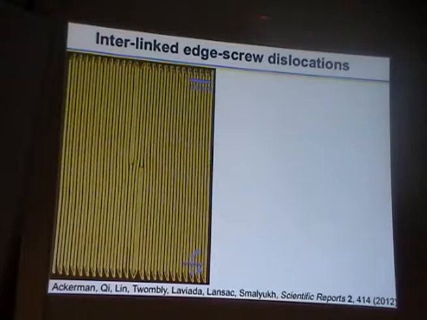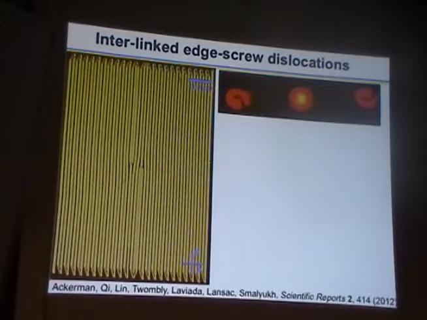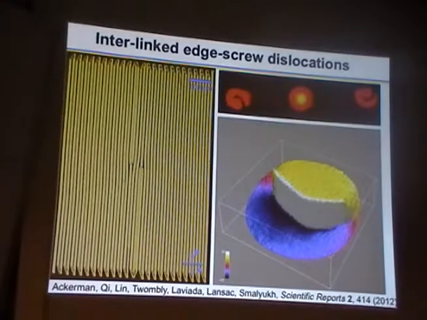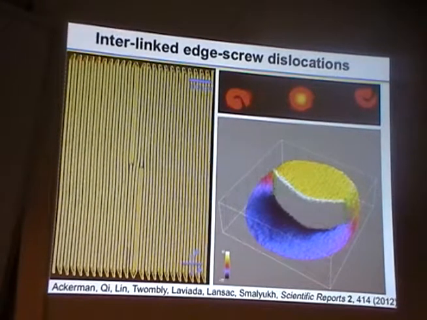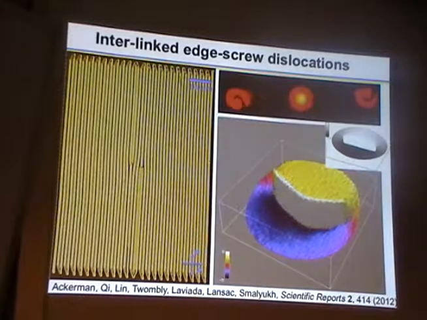All right, yet another example has elementary dislocations with opposite orientations of Burgers vector, and this allows us to obtain interlinked edge and screw dislocations in the diffracted laser beams when we use this kind of pattern as a diffraction grating.